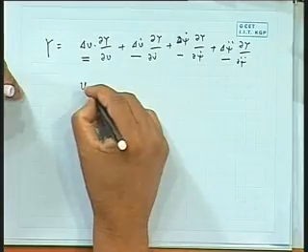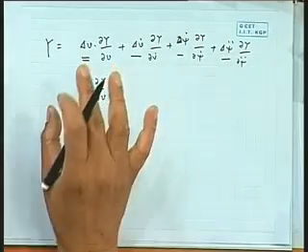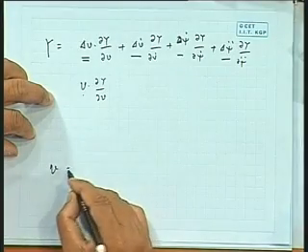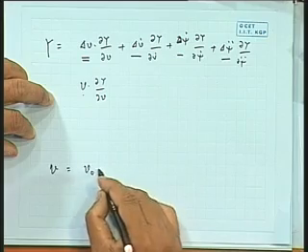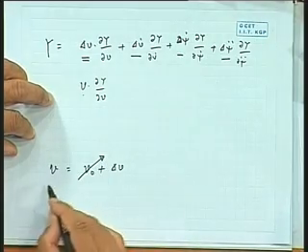So, I can call that v of dy by dv, because v is understood to be a small number. A ship goes at 10 meter per second this way, it cannot go 10 meter per second this side. This side is only a small number, it can only be a change with respect to 0. In other words, v equal to v0 plus delta v, but v0 is 0, therefore delta v is v.